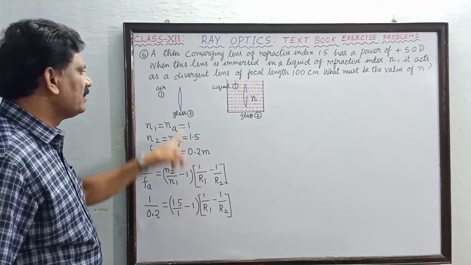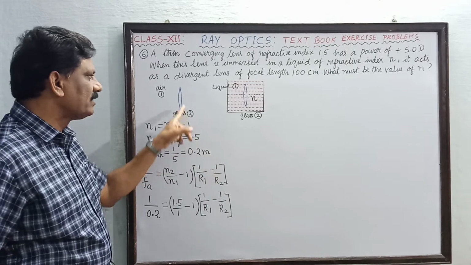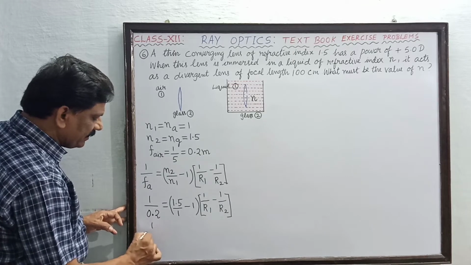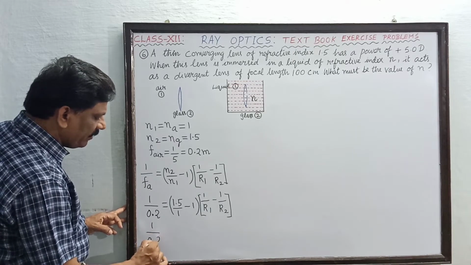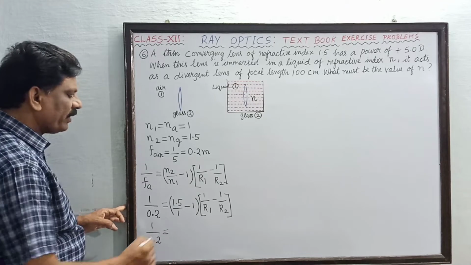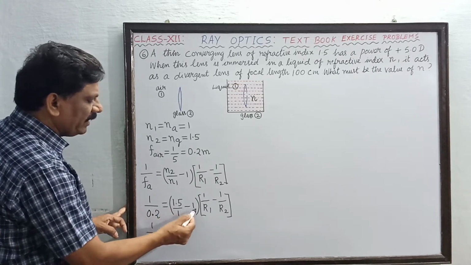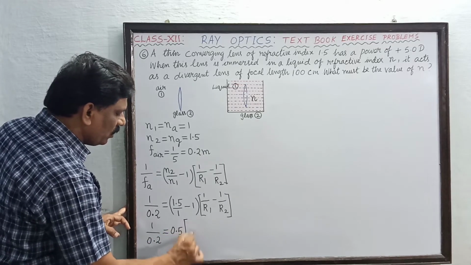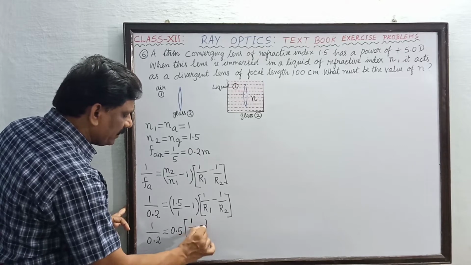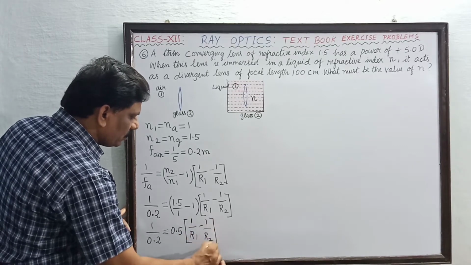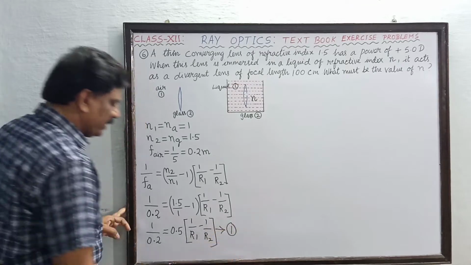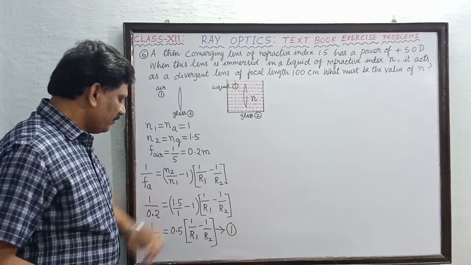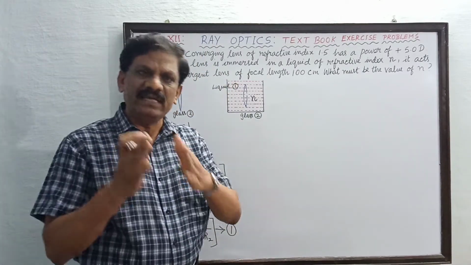Here R1 is the radius of curvature of the first surface and R2 is the radius of curvature of the second surface. So 1 divided by 0.2 is equal to 1.5 minus 1, which is 0.5, into 1 by R1 minus 1 by R2. This is equation number 1. Have you all understood equation 1 now?